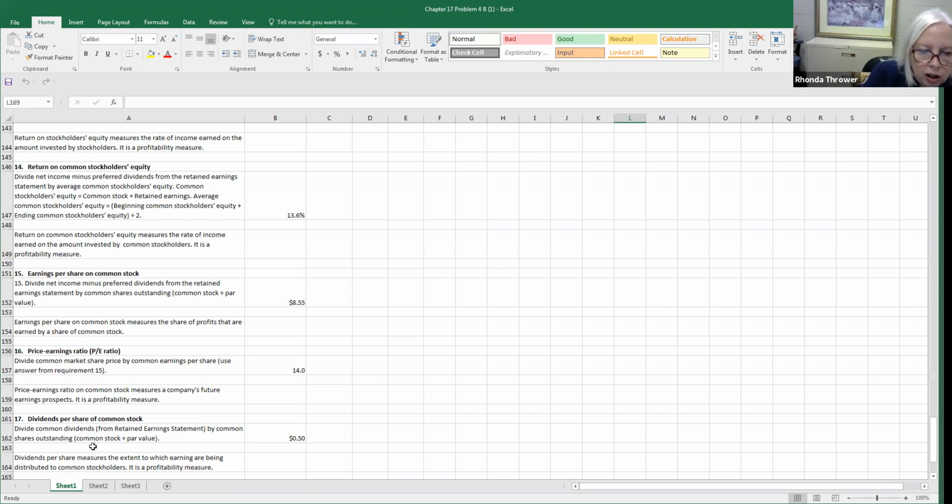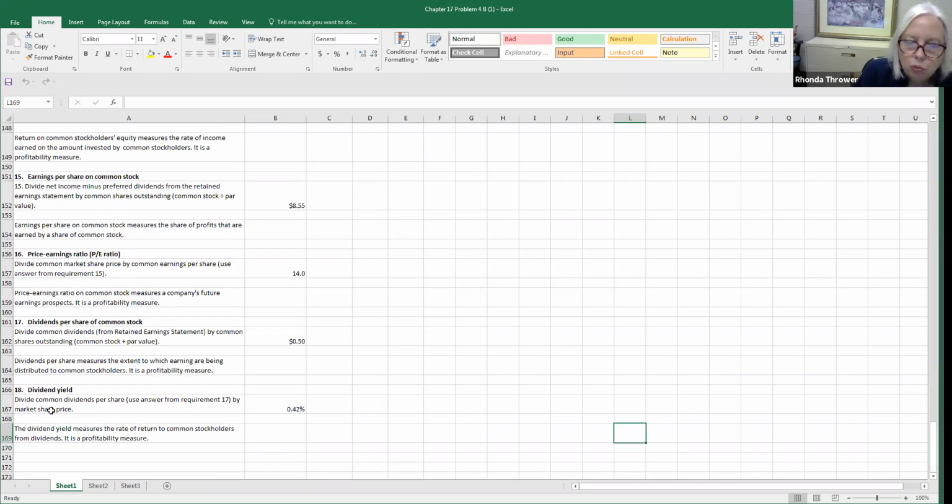The common stock total par value is 500,000 in year 2. We're going to divide it by the par value of $5. That gives us 100,000 shares of common stock that are outstanding. You would divide the common shares outstanding into the common dividends that came from the retained earnings statement for year 2. And that will give you 50 cents as the dividends per share on the common stock.